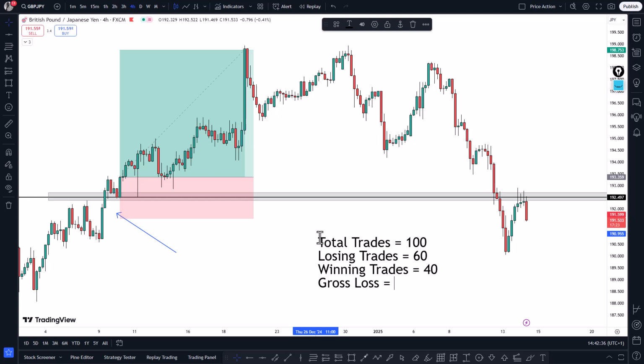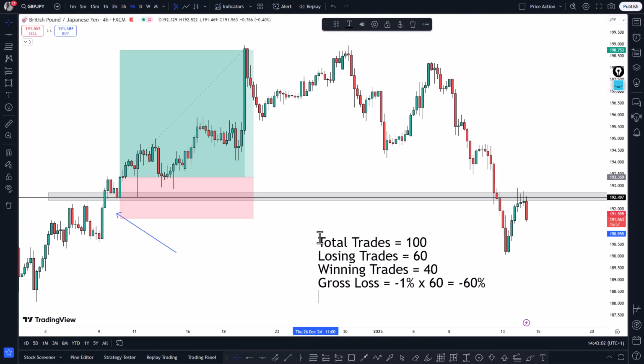So when you took all of those trades, you had 60 losing trades out of the 100. And since you were risking 1% of your account's capital on each one of those trades, when you multiply your minus 1% loss times the 60 losing trades you took, your gross loss is going to be minus 60%.